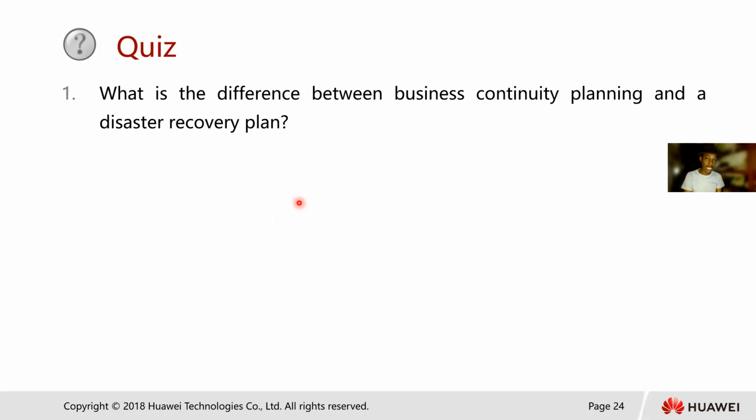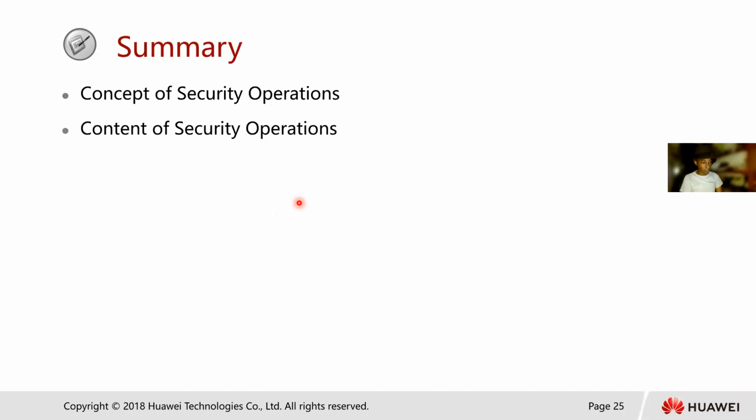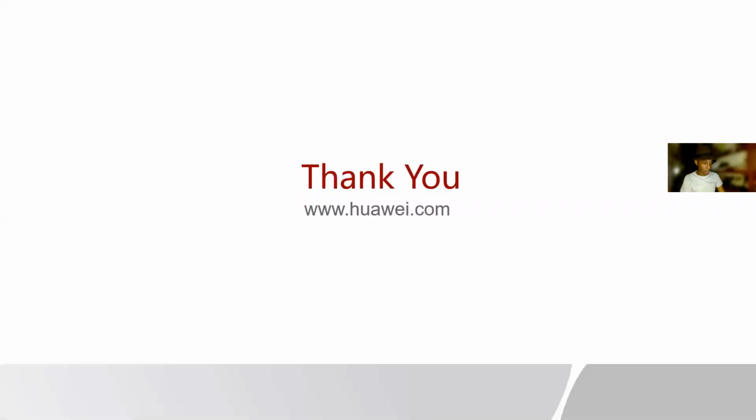So business continuity means even if we have been hit, business is still going on. Disaster recovery means we are hit, we are still continuing, but we need to recover to where we were before. I hope you can see the difference.